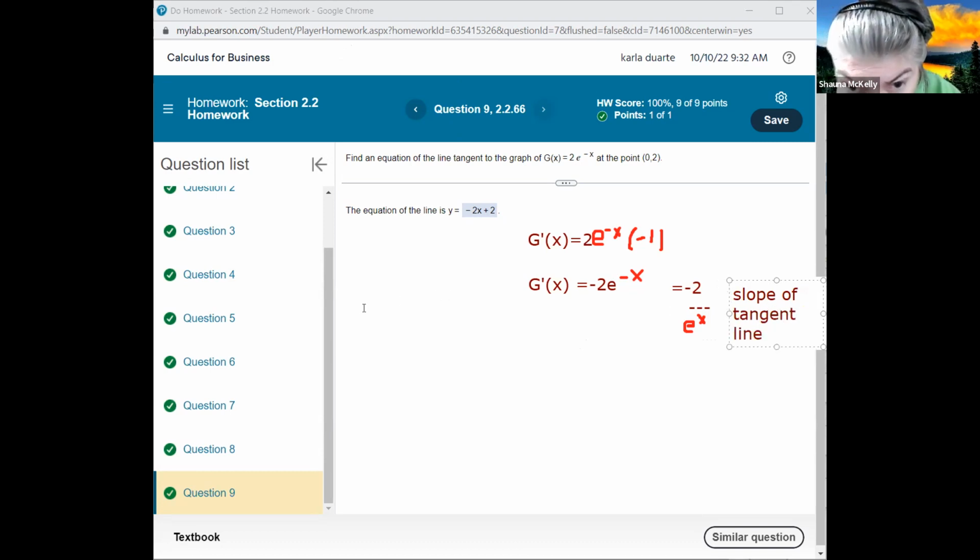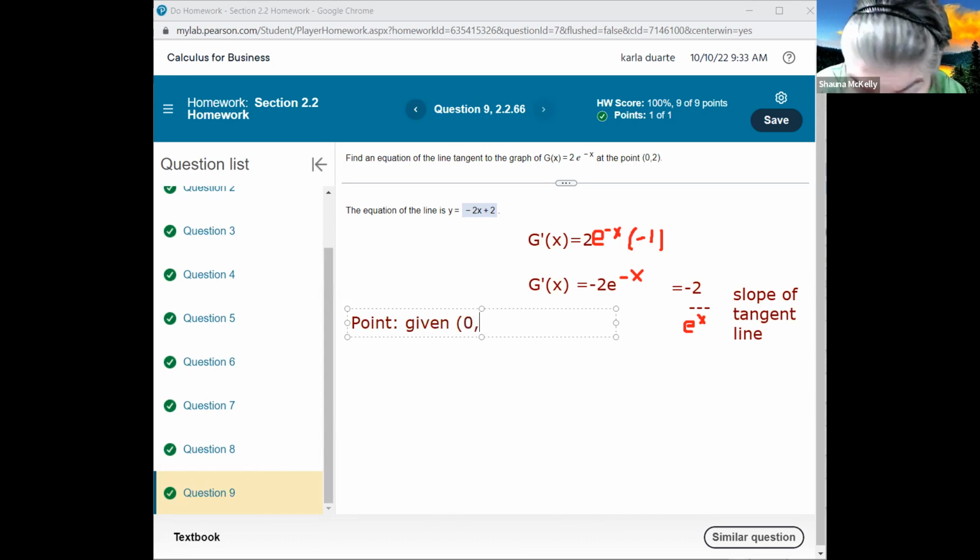So I need 3 things when I want to write the equation of a tangent line. I need the point, which in this case is given to me as 0,2.